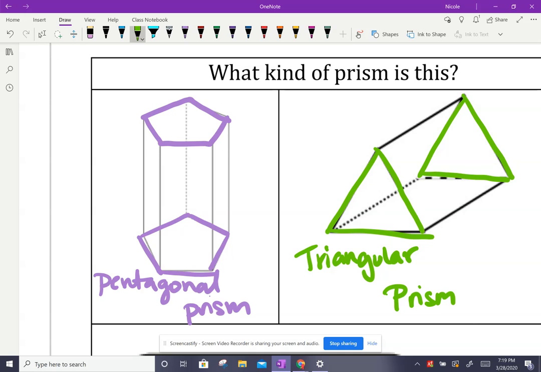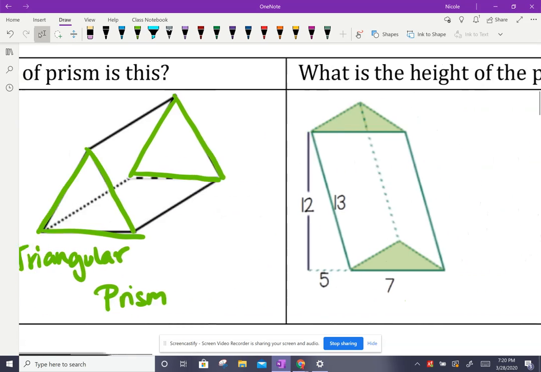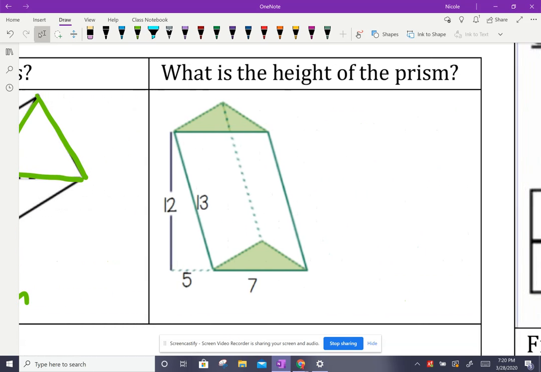There are lots of different types of prisms that we will see. Again, you're looking to identify what type of prism it is based off of what two sides are identical and what shape they make.